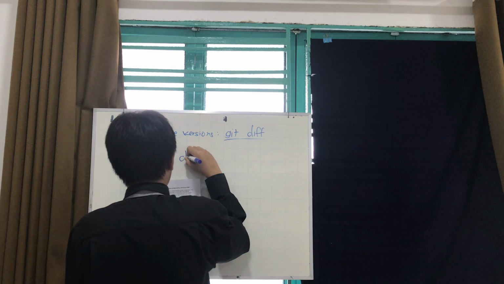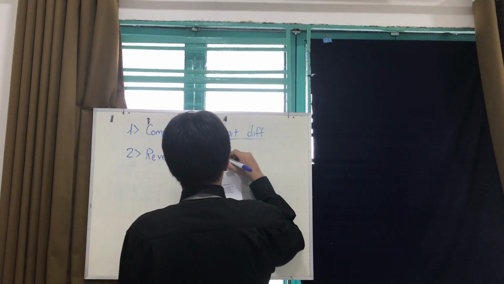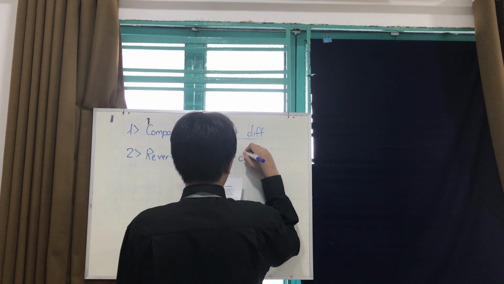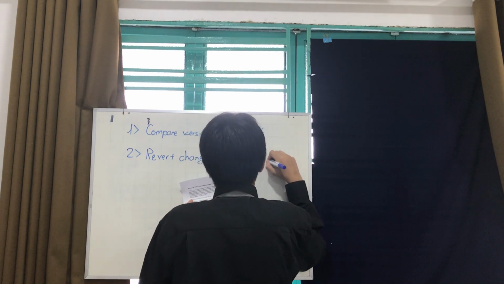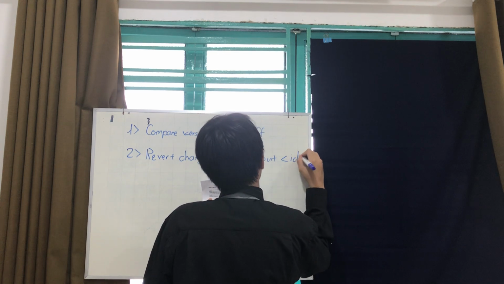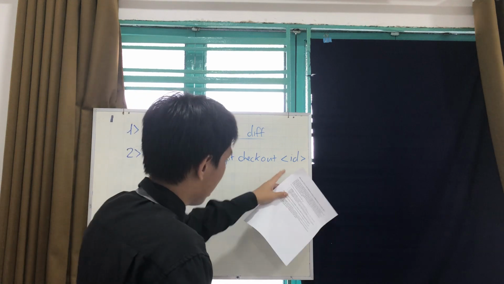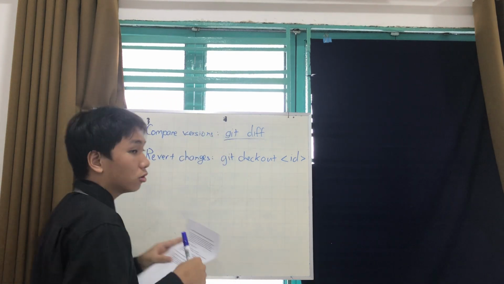Revert changes. Use git checkout. And then inside you have your ID, in brackets, to view an older version.